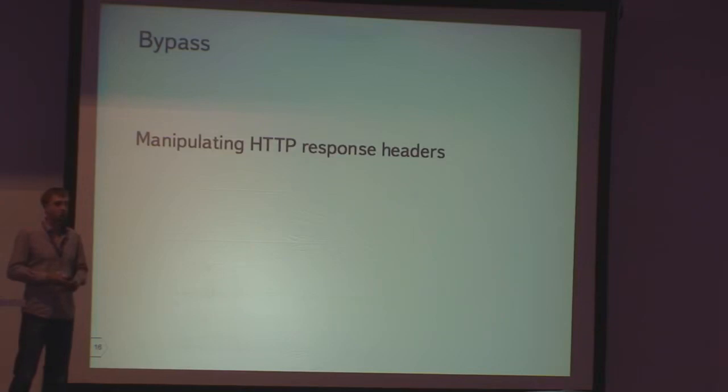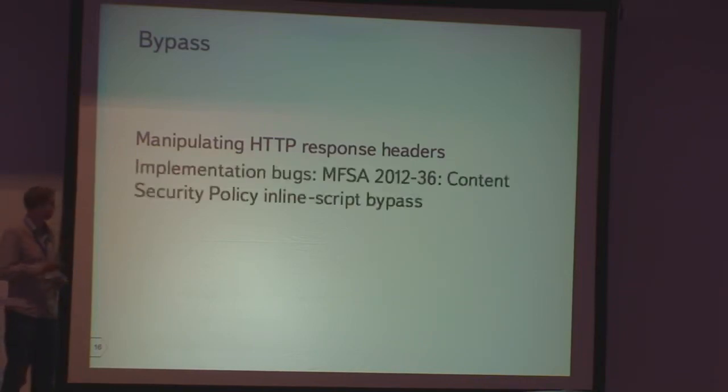So if the attacker can control an HTTP response header, he can, for example, simply throw away your content security policy, or simply add wildcards to it. So you need to pay attention to such vulnerabilities as HTTP response splitting, for example.